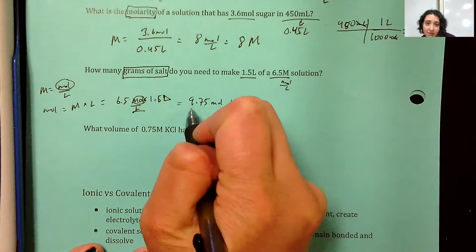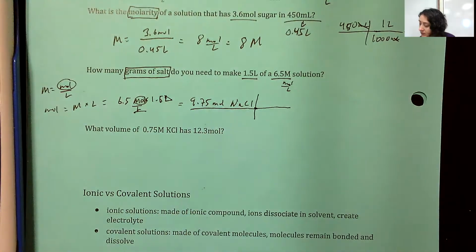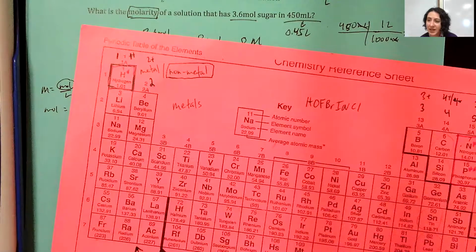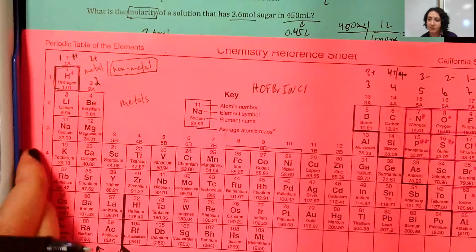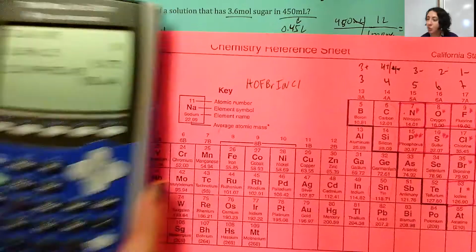So this is a good time for a little skeleton. And we just need the molar mass of salt. So that's going to be 22.99 plus 35.45. It's going to be 58.44 grams per mole.